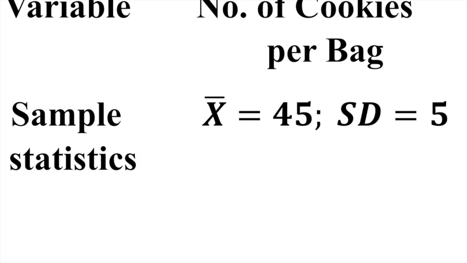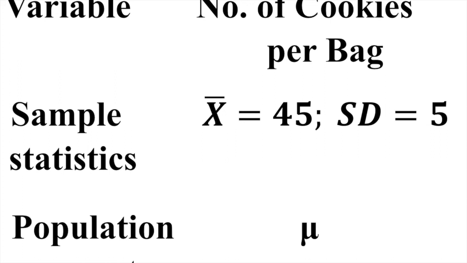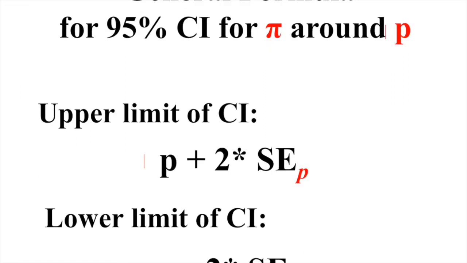The sample statistics are 45, the mean number of cookies in the bags, and a standard deviation of 5. The population parameter you're interested in is mu, which is the average number of cookies in all bags that the manufacturer sells.